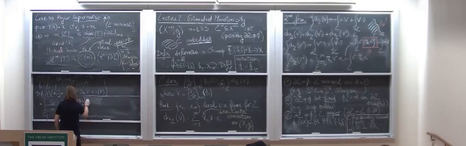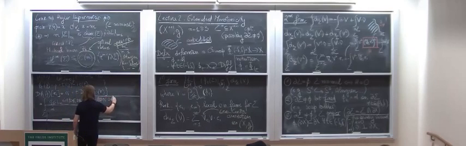I claim that the derivative at time 0 of the matrix d phi_t transpose times d phi_t is just going to be equal to the following.